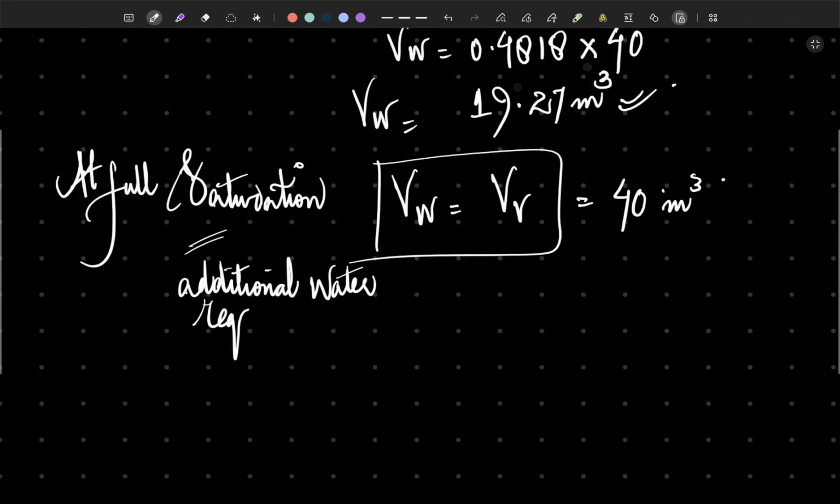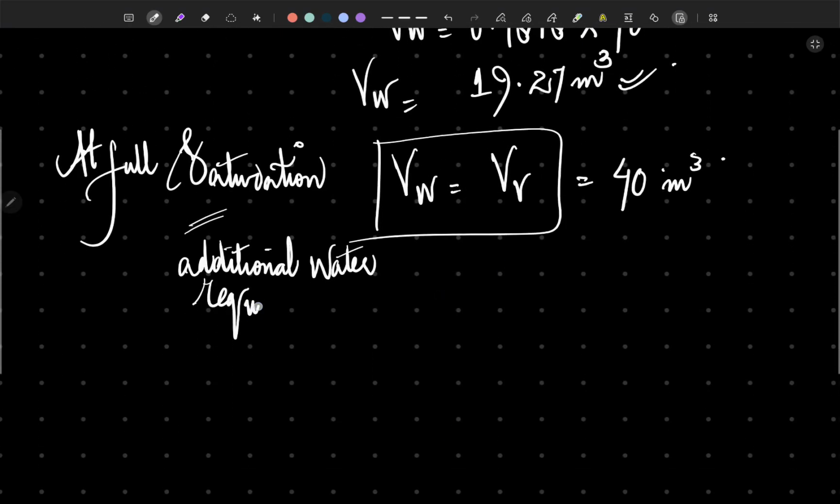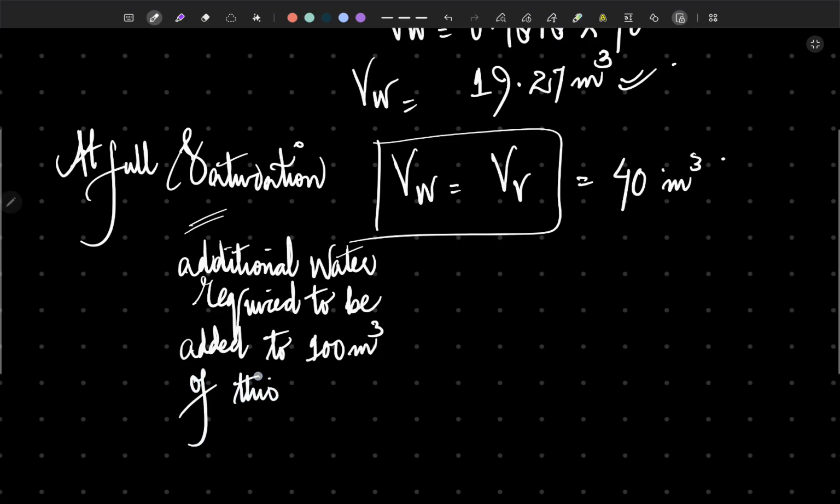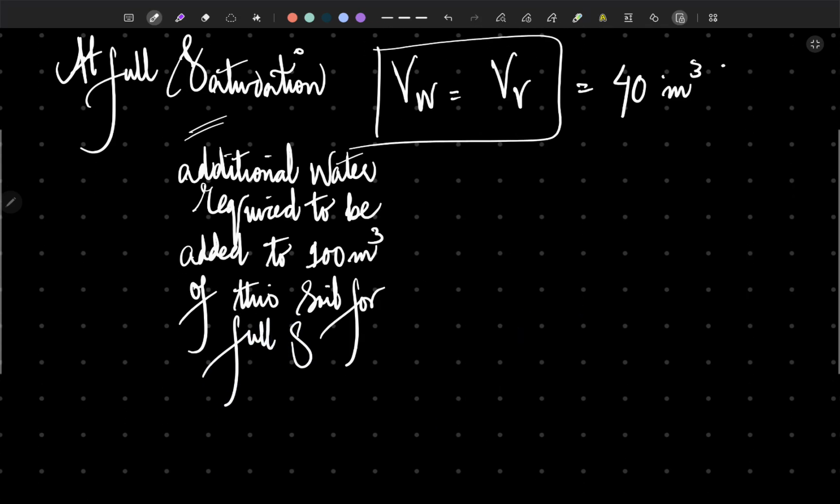So the additional water required to be added to 100 cubic meters of this soil for full saturation is how much?